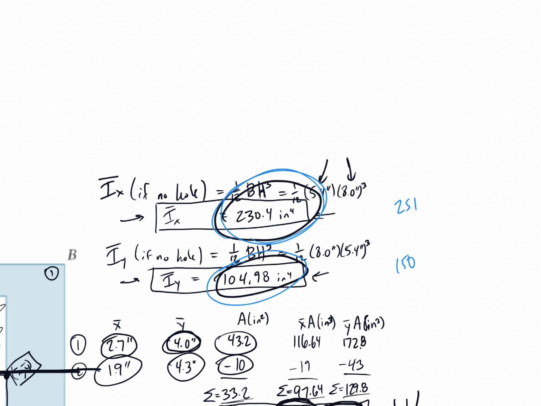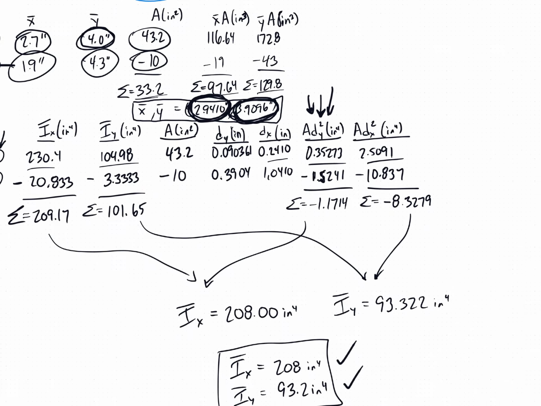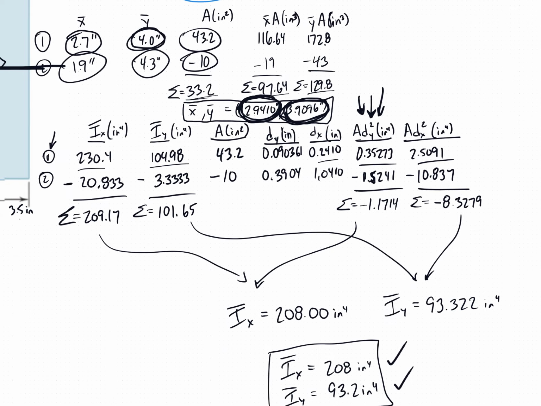So I don't know how they got that answer, because their solution is poor. Anyway, there's nothing wrong with the way that I did this. There might be a little math error somewhere in here, but this is the right procedure. There's no question about that.